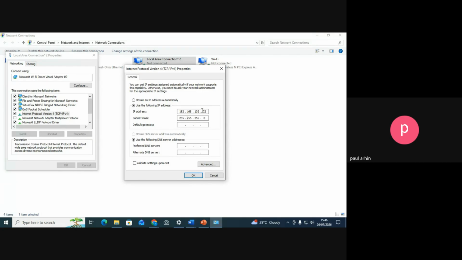But if it is automatic, then it means that all those IP addresses, maybe plenty of them, which you must assign to the computers in the company, you have placed them all in a server, whereby the moment you connect to the network, it will deliver an IP address and give it to you.